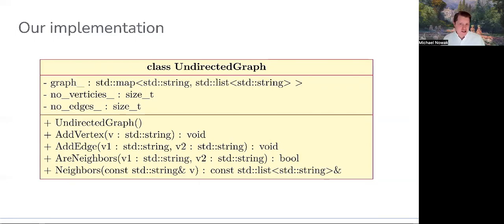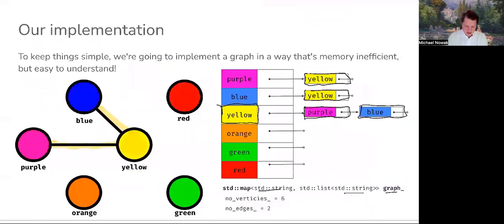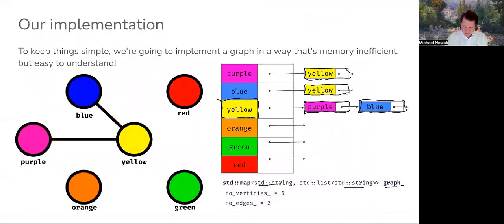Since this is an undirected graph, if we were creating an edge between purple and yellow, that edge will get stored both within purple and yellow's adjacency list.